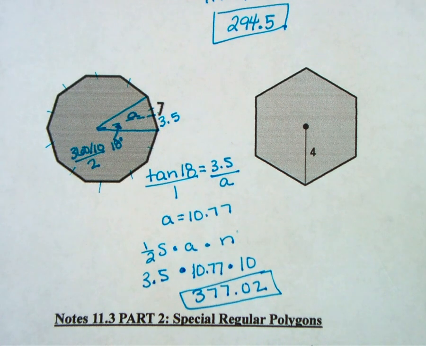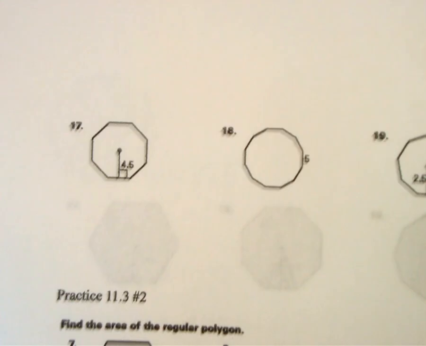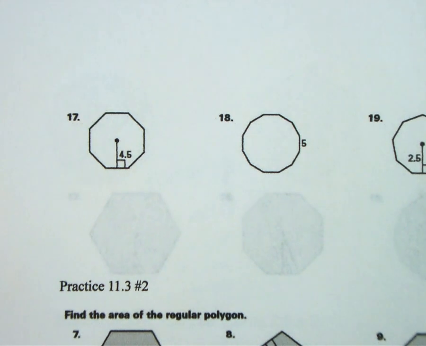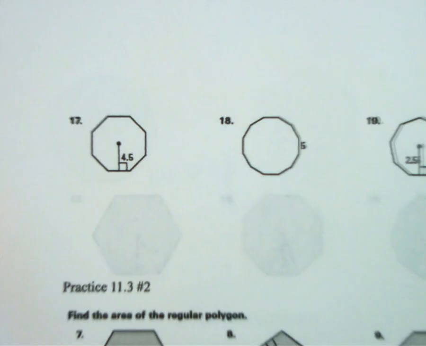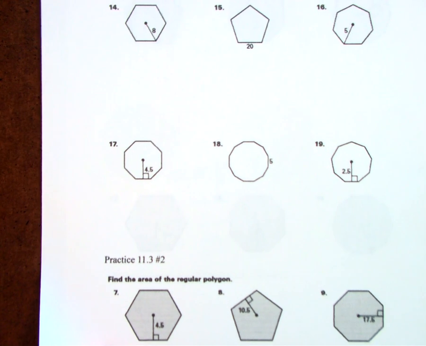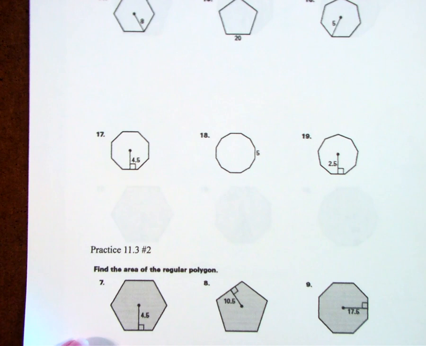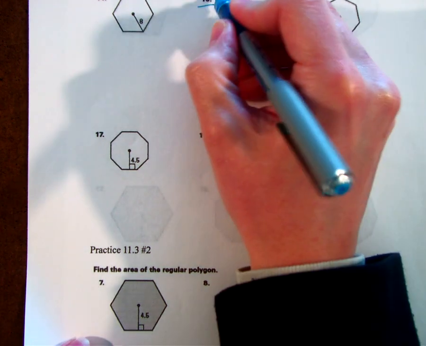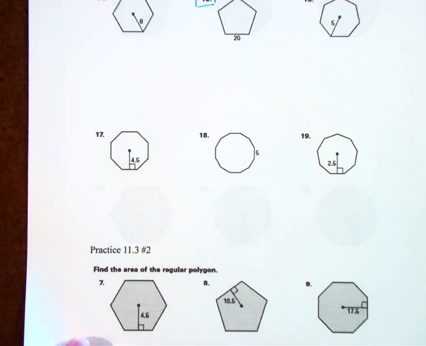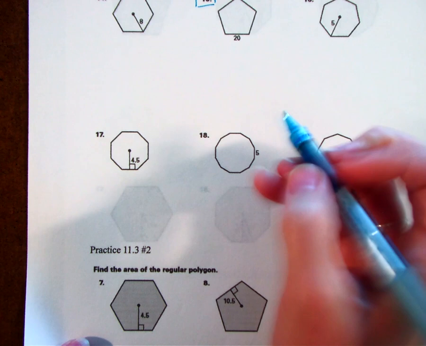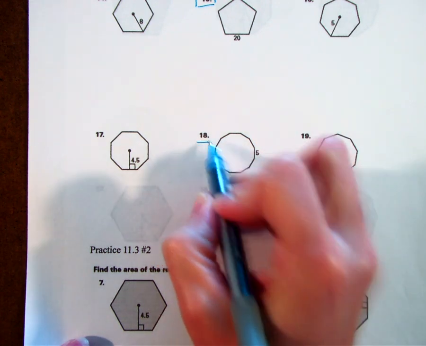Okay. On the practice that says practice 11.3, there are 2 pages of this, but what we are going to just focus on today is the ones that you are given the side length. And what you're going to see here is that there are problems where you're not given the side length, you're given something else. Okay, so we're going to focus on this one here, number 15. This one down here, number 18.